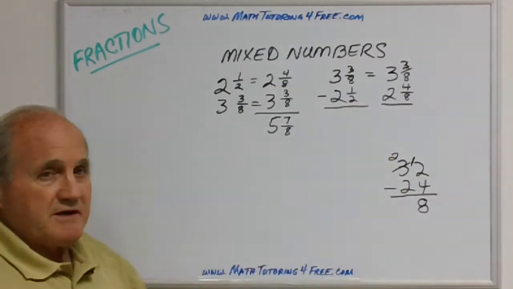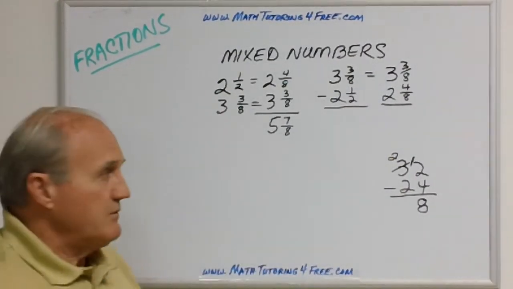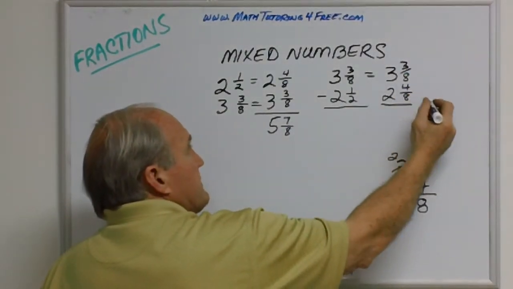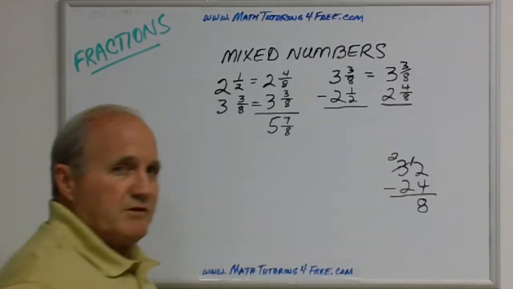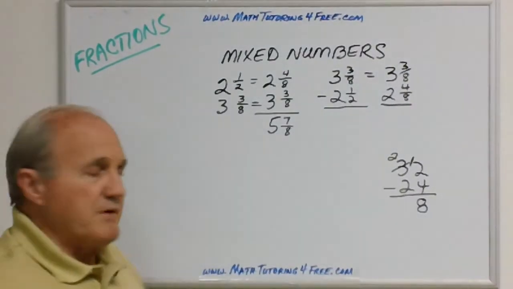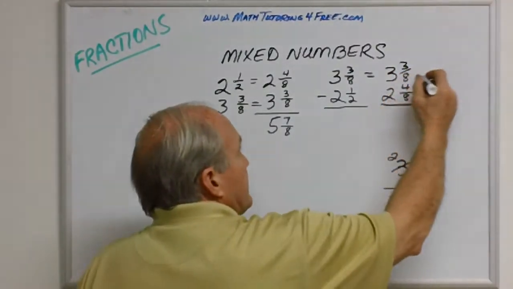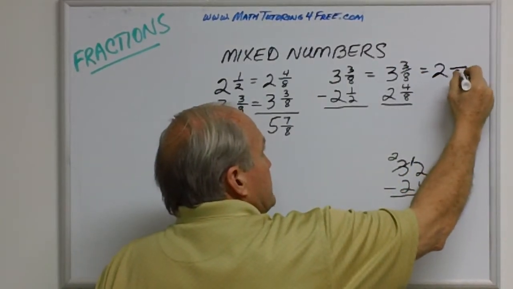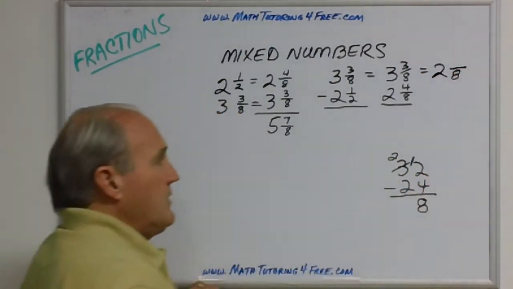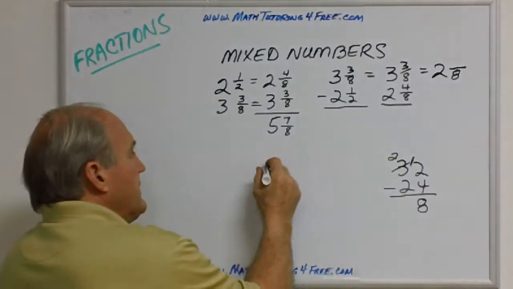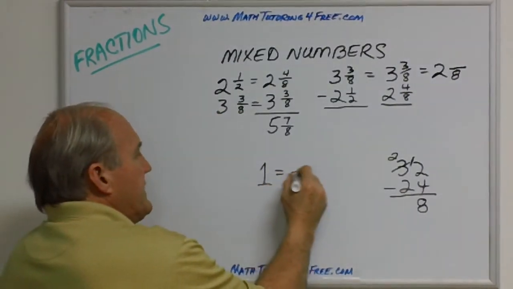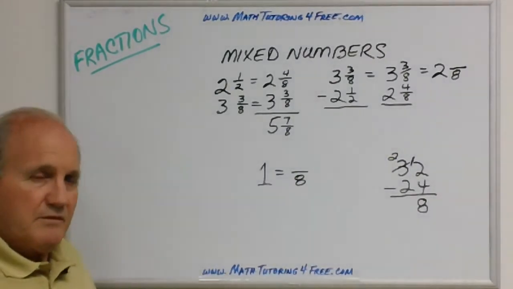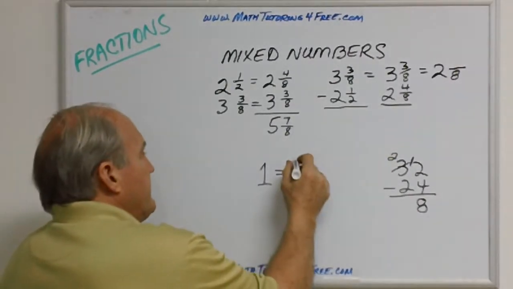We have to do the same thing with fractions. We can't subtract 4/8 from 3/8, so what we're going to have to do is borrow 1 from the whole number. We borrow 1 from the 3, that's going to make it 2, but it's 2 and how many eighths? Well, when we borrow a whole 1, how many eighths are we borrowing? Well, we're borrowing 8/8, aren't we?